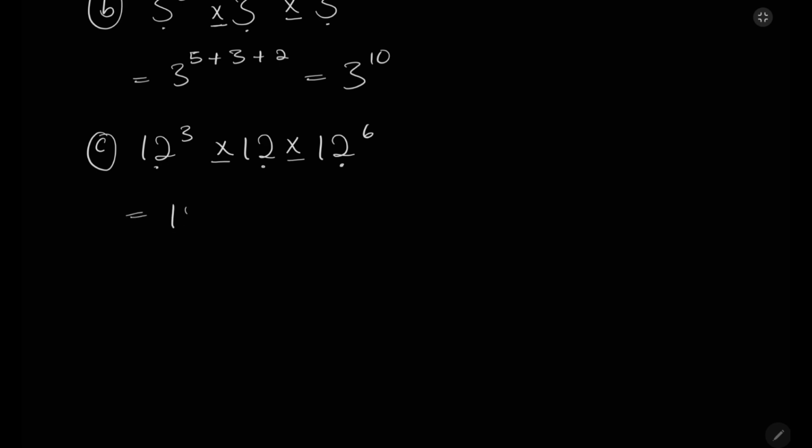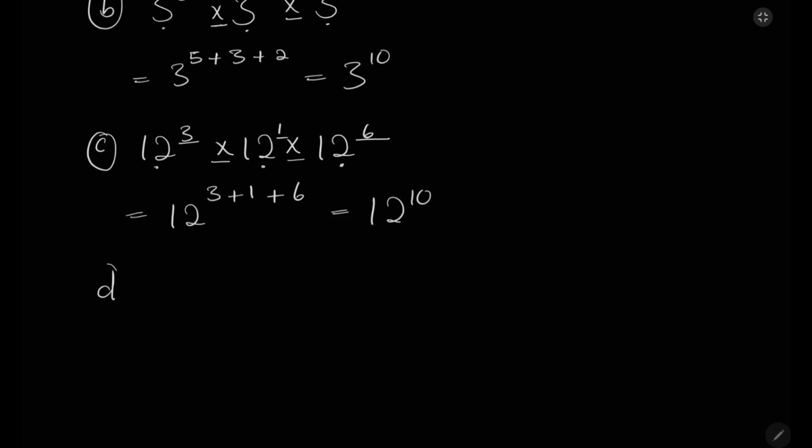We write down our base, which is 12. We then add our exponents. You have 12 to the power 3, then 12. You've watched the grade 8 videos, so you know that this is basically 12 to the power 1. There's an invisible 1. So this will be 3 plus 1 plus 6, which is 12 to the power 3 plus 1 plus 6 is 10.